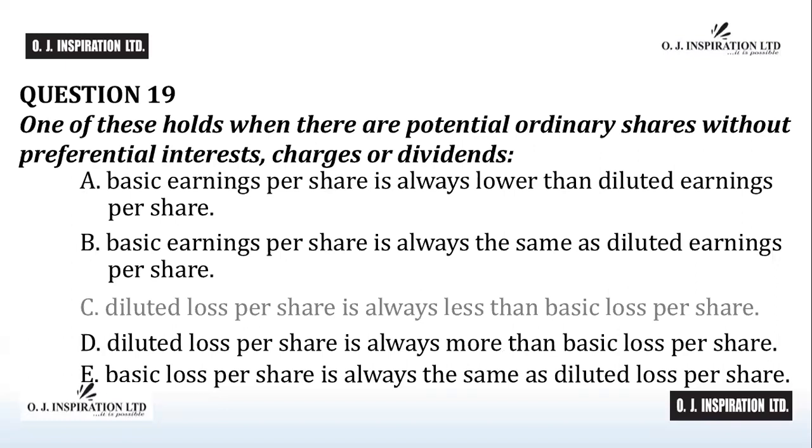This leads to a less amount per share, whether as earnings or loss per share. In a loss situation, and with the conditions in the question, diluted loss per share is always less than basic loss per share, where there are potential ordinary shares. C is the answer to question number 19.